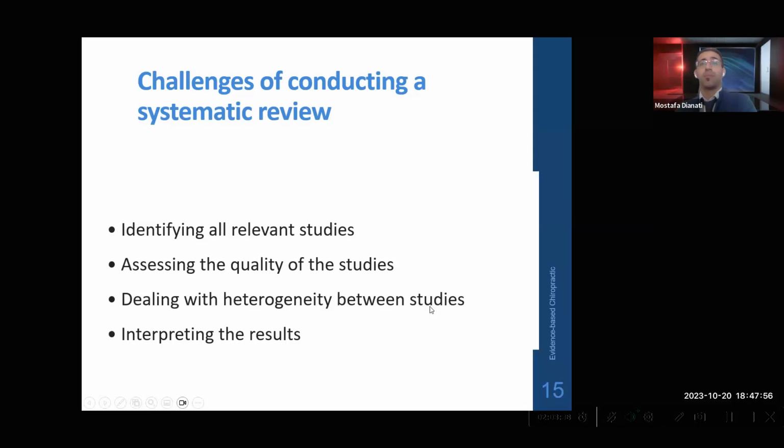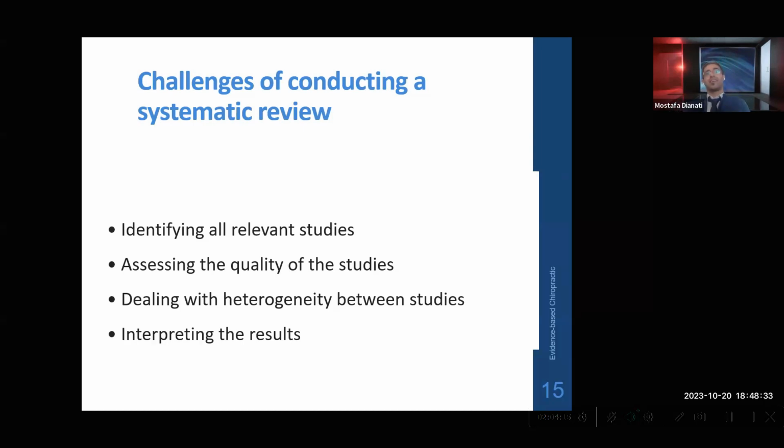Sometimes we have heterogeneity between the studies. Let me open this one for you. Suppose you are going to see the effect of, for example, higher intake of monounsaturated fatty acid on the risk of cardiovascular diseases. And for some studies, the study group is an older population, about 50 years old. And for some of them, the population is between 20 and 30.